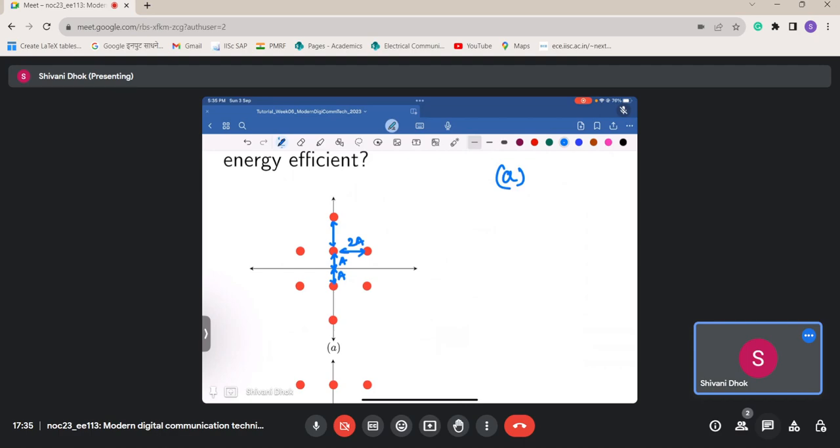So let's try to find out the coordinate of this point. This is basically 2a comma a. Then the coordinate of this point will be 0 comma a, and the coordinate of this point, since this distance is 2a, will be minus 2a comma a.